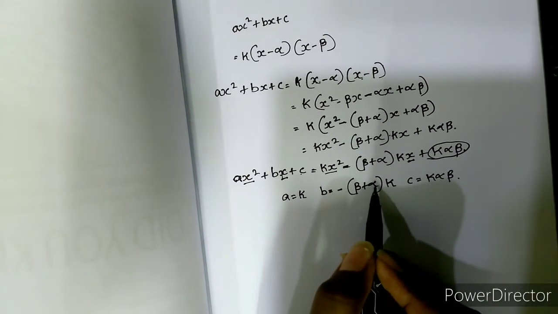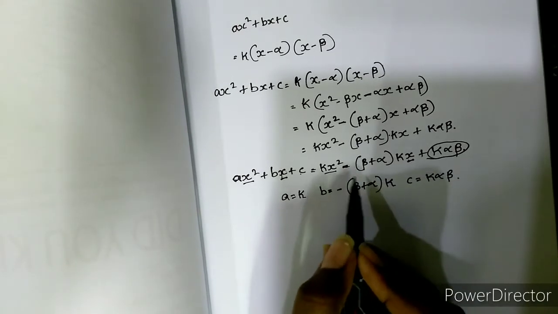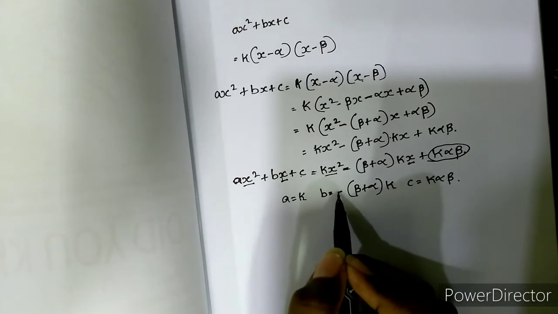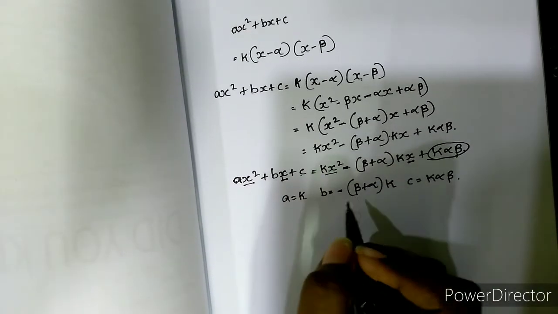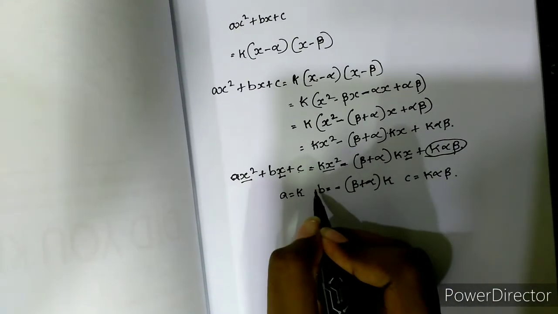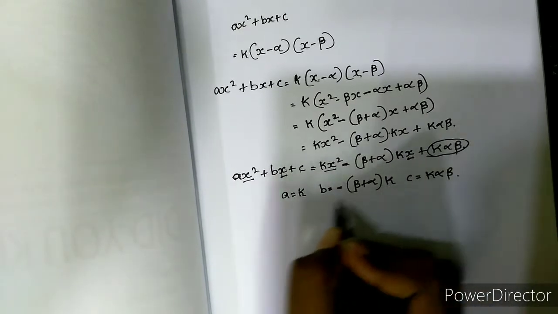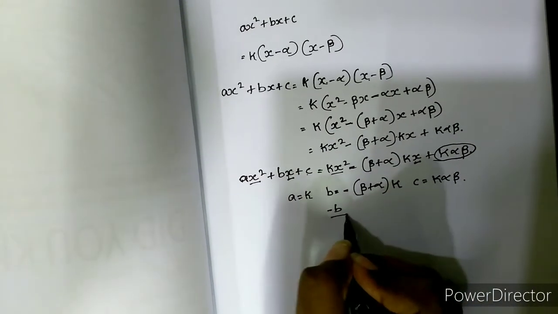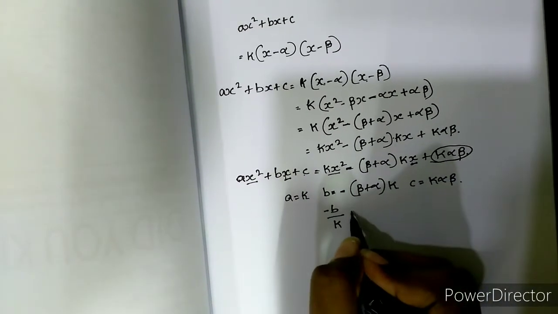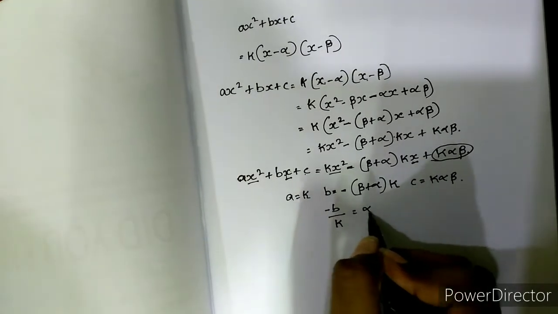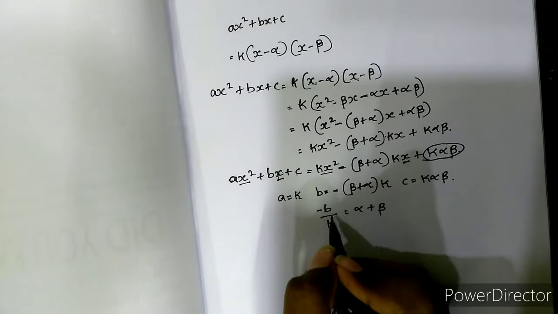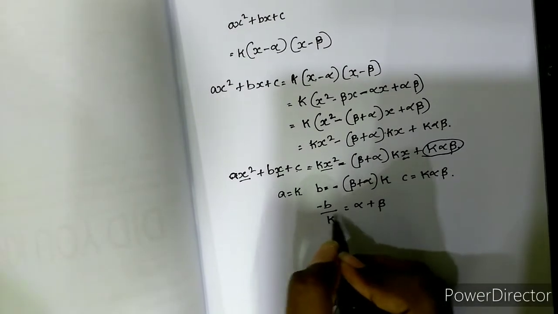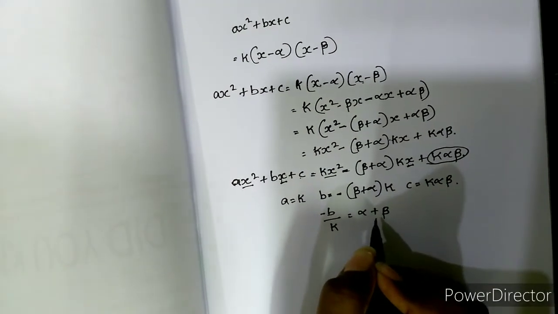So we keep this alpha plus beta here, and we transpose the minus and k to the left hand side. Now this minus will become minus b by k is equal to alpha plus beta.